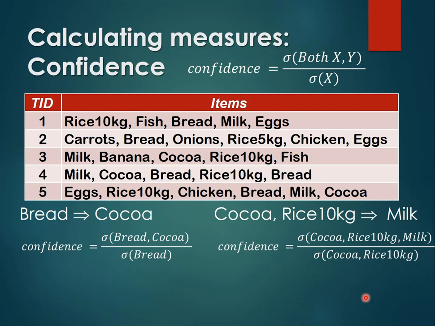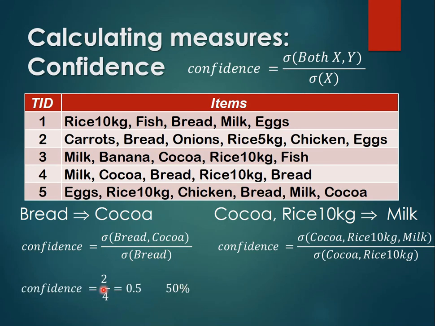The second metric is confidence, given by the support count for both x and y, divided by the support count for x, or the antecedent. We have previously the support count for bread and cocoa, which is 2, divided by the support count for bread, which is 4.